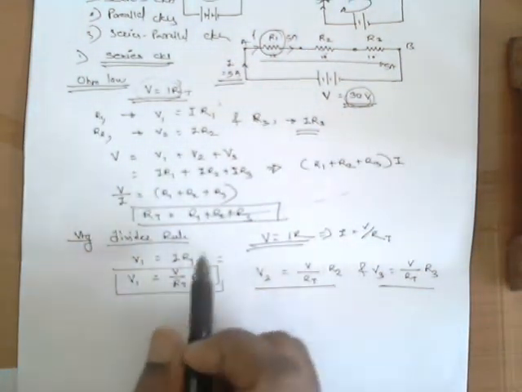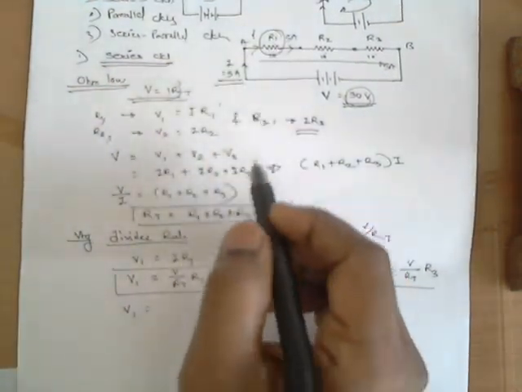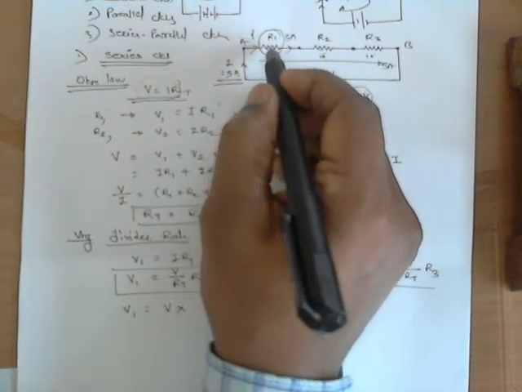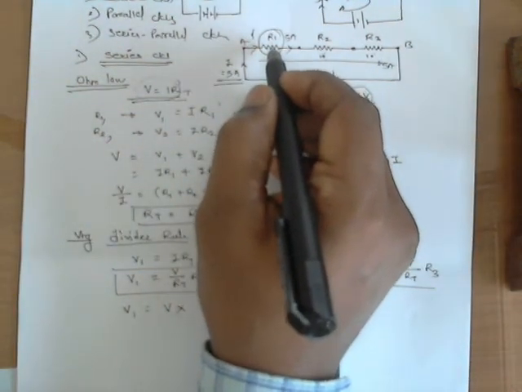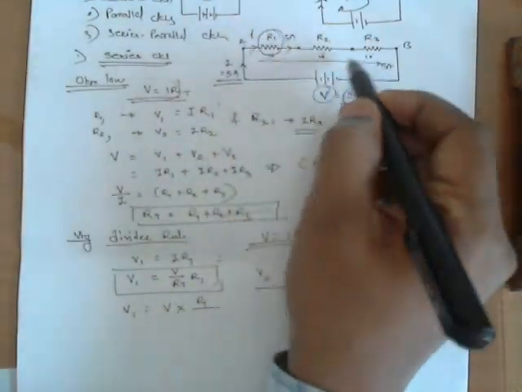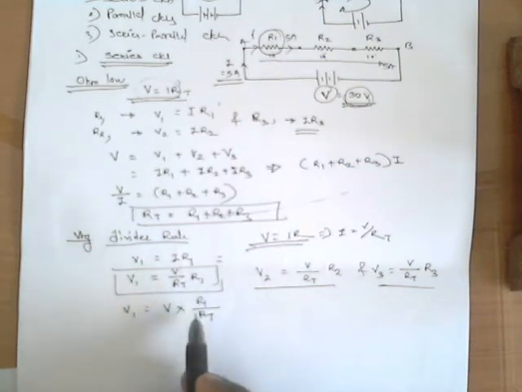The voltage at a particular resistance, V1 here, is equal to the total voltage V, into the resistance at which you are interested to find the voltage, that is R1, divided by total resistance RT.